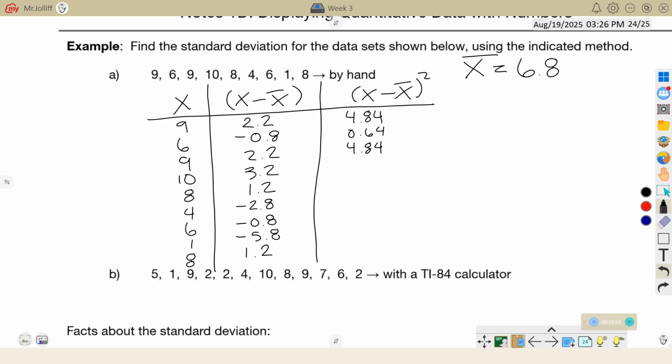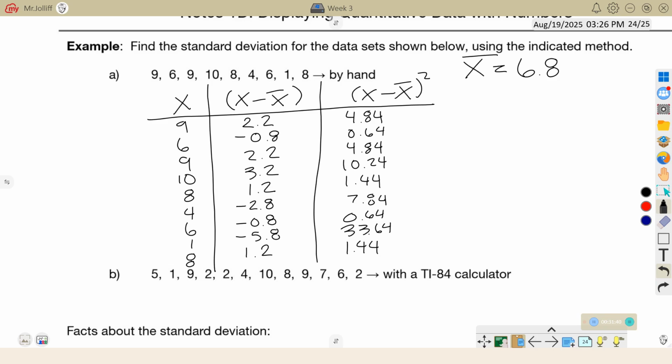Anybody else got those? 10.24. 1.44. 0.64. 33.64 and 1.44. 73? Seems too big. I said 33. Oh, okay, that makes more sense. 33.64? Perfect. That makes more sense because I was about to say 6 times 6 is 36. This should be a little less. Yeah, perfect. Good.